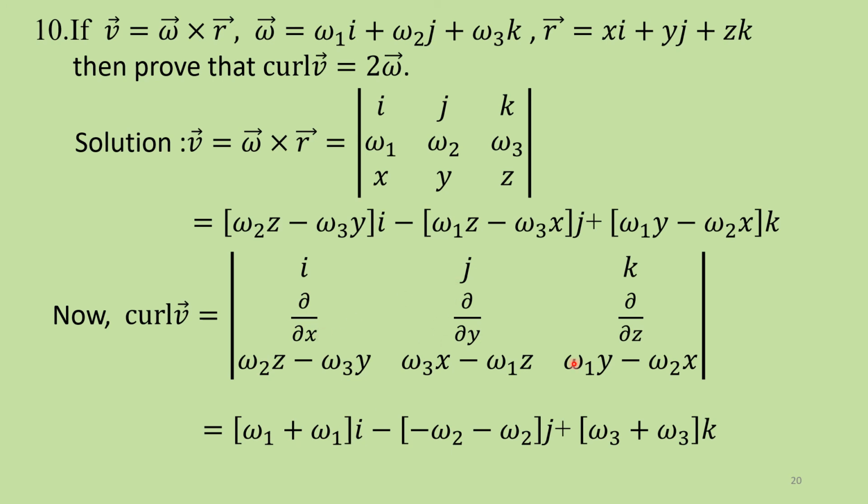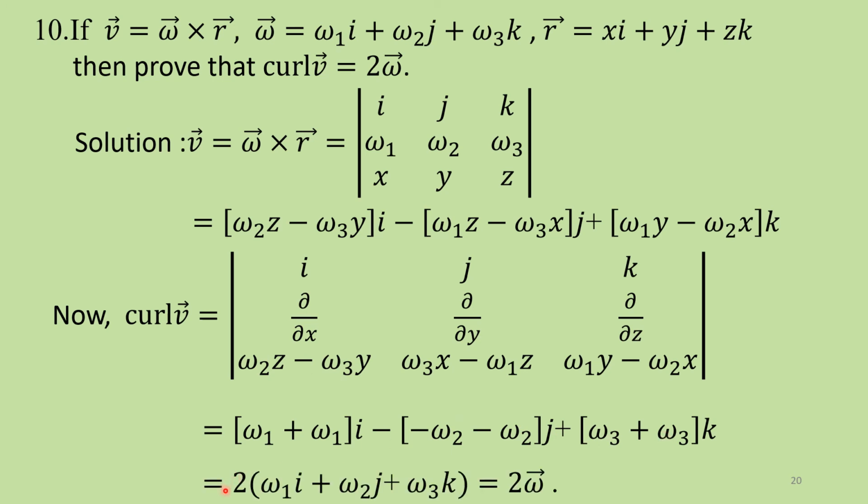Minus j into dou by dou x of omega 3 x, that is omega 3... minus dou by dou z of omega 1 z, that is omega 1... giving 2 omega 2 j. Similarly, the component of k is dou by dou x of omega 1 y minus omega 2 x, that is minus omega 2, minus dou by dou y of omega 2 z minus omega 3 y, that is minus omega 3, giving 2 times omega 3.